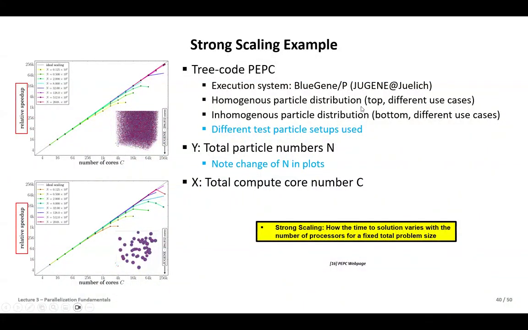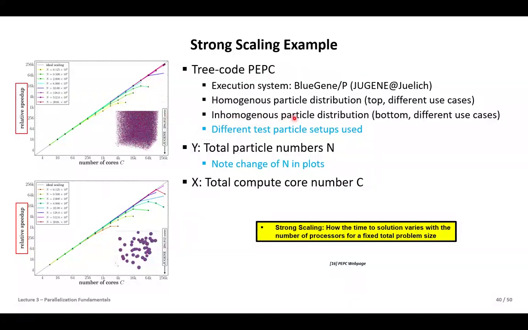And this is a strong scaling example. It's a bit older example, but it still captures the essence. You basically see different use cases here: on the top a homogeneous particle distribution, which scales quite well.